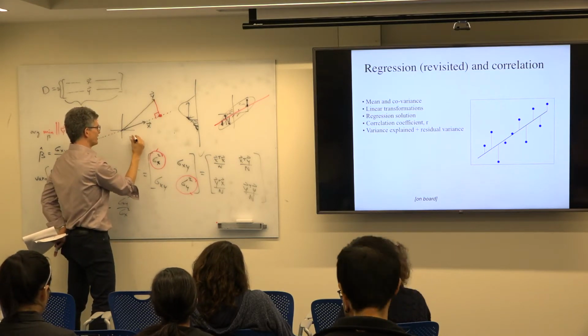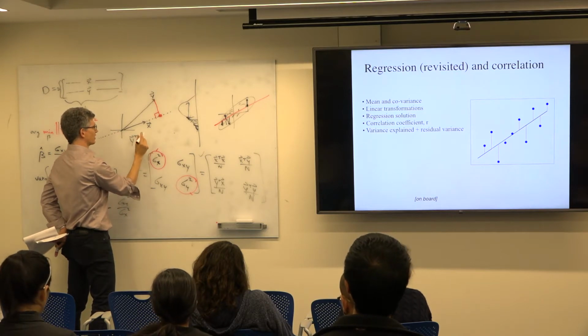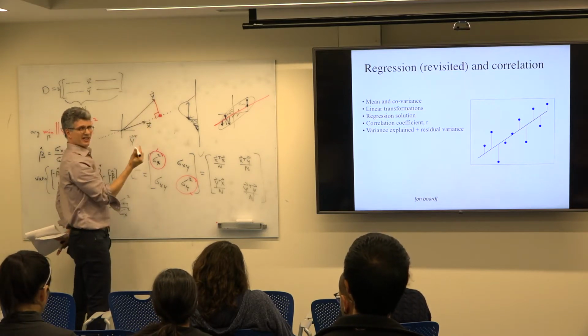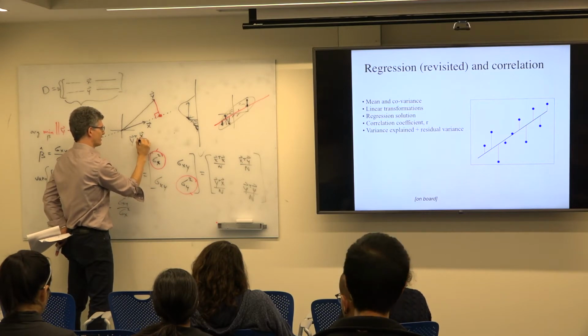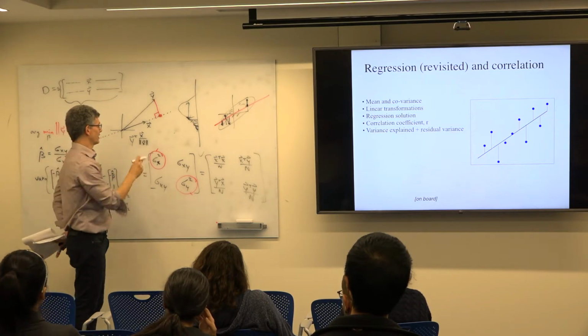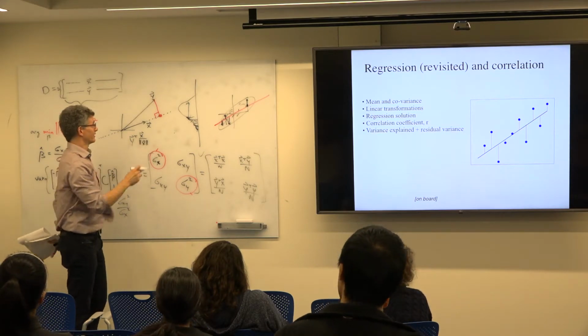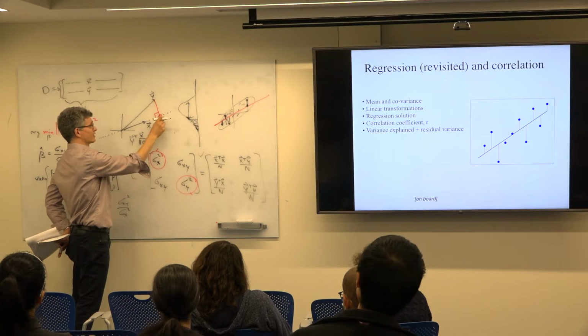I take y. I take its dot product with, well, I need to make it a unit vector if I want it to be a projection. So I write x, but I divide x by its own length, so I make x into a unit vector. I take y, dot it with x. That gives me this projection. That's the distance that I need to go.